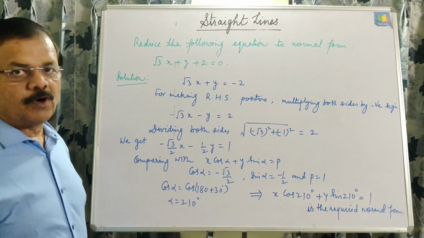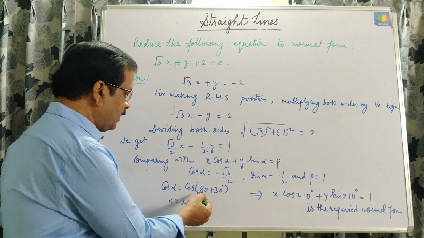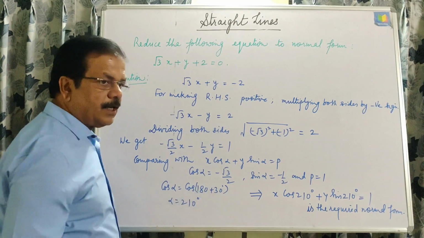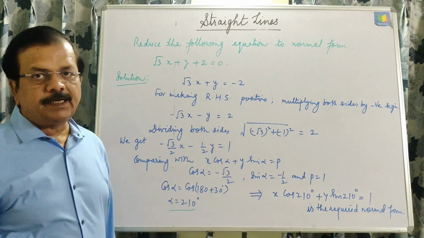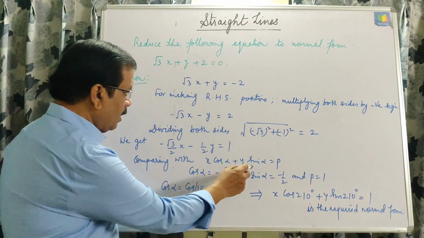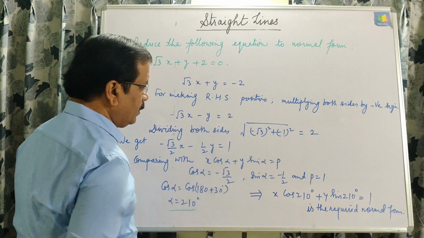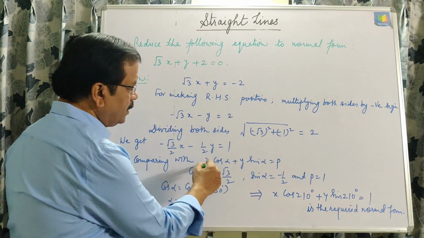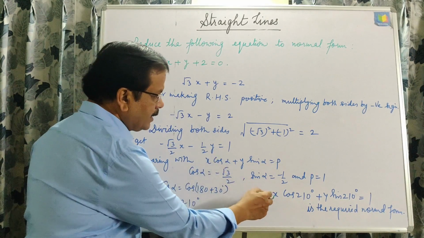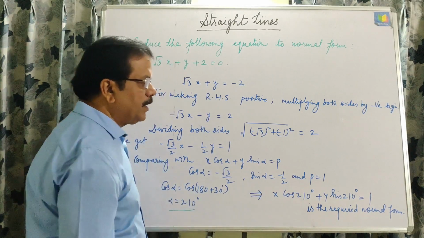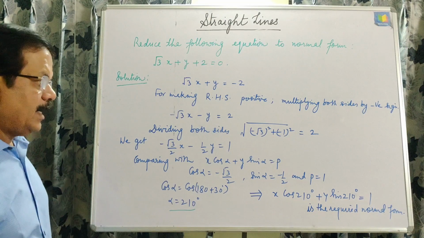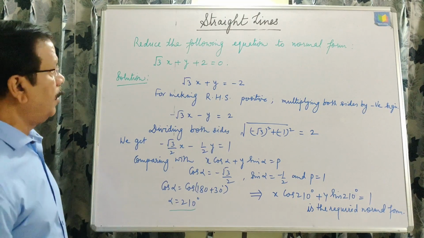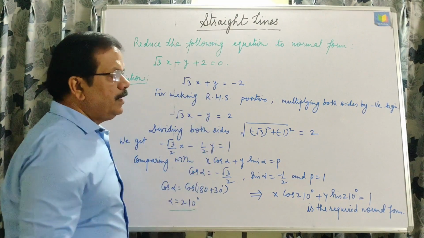In the third quadrant this value will be negative, that is 180 plus 30, and in this way alpha is coming 210 degree, and comparing, p is equal to 1. So writing in the general equation, x cos 210 degree plus y sin 210 degree is equal to 1, and this is the required normal form of the given equation.